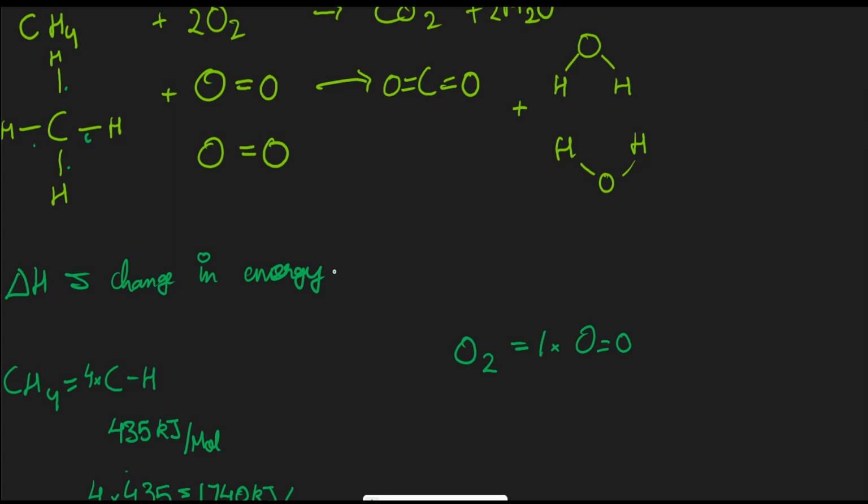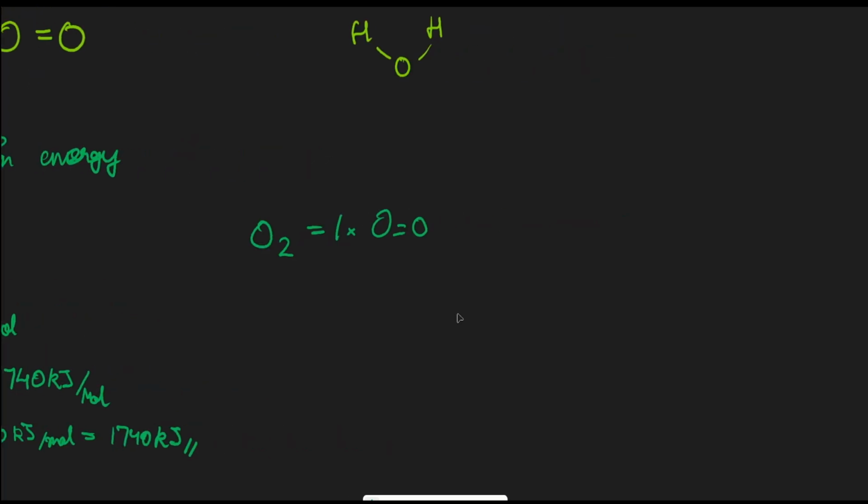Remember, a bond involves two atoms, not one, right? So an O double bond typically has a bond energy of 497 kilojoules per mole, right? And now it's 1 into 497, so it's 497 kilojoules per O2 molecule.